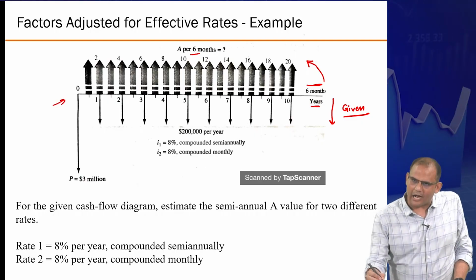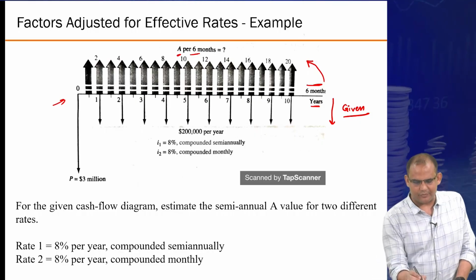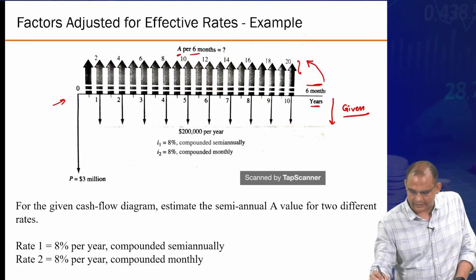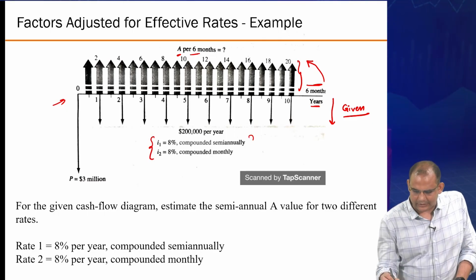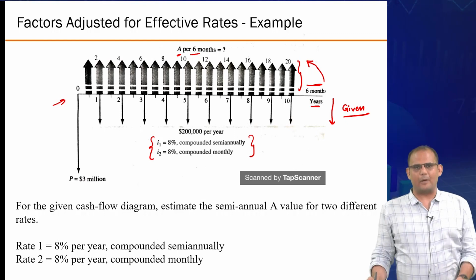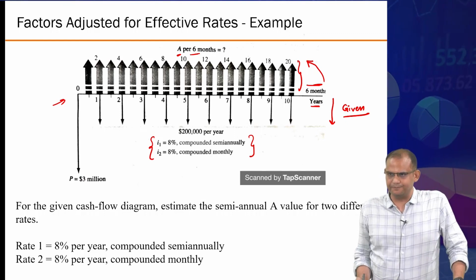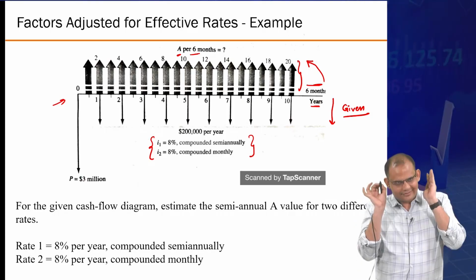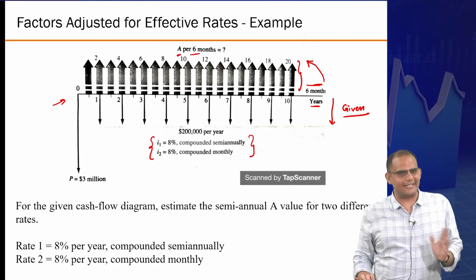I have to find how much would be the equivalent A value per 6 months, which is denoted by these series over here. If the rates are of these two types, first is 8% compounded semi-annually, second is 8% compounded monthly. Okay, all the tricks that we have learned so far are in this question. You understand the problem statement?